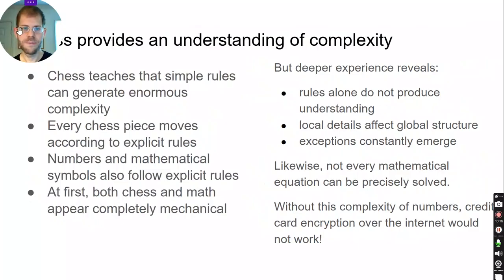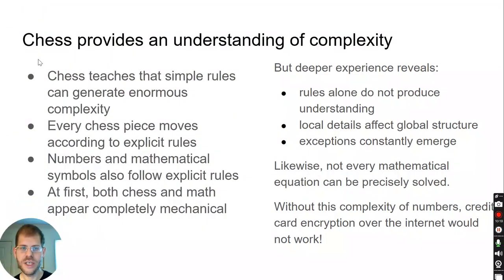And then the last thing is just that I think the game of chess does a really good job of teaching that complexity of math. Earlier I was talking about the electrical system of the car, but the game of chess is also a good example of that complexity because it has simple rules that create very complex positions. There are all these strategies you can have in chess, but for every strategy, there's always an exception that breaks the rule.